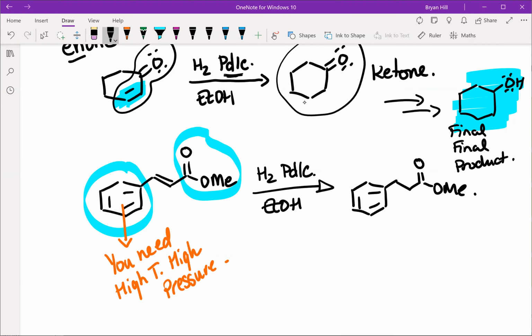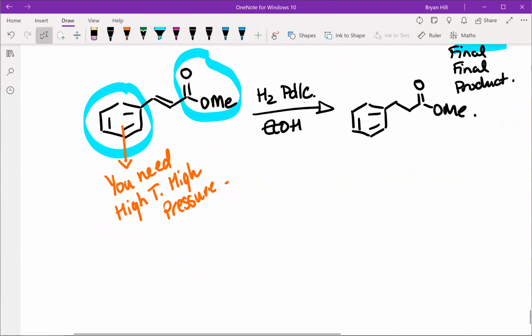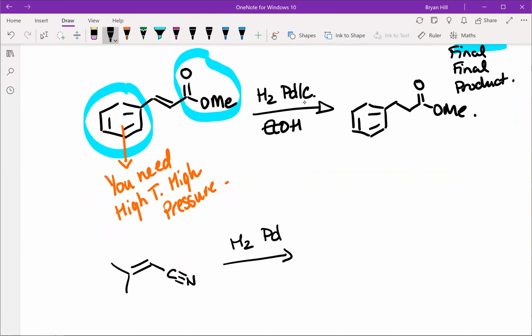So yeah. And I guess the other example, there's another example I have in my notes about a nitrile not being reduced as well. So it is possible to reduce nitriles, but there are more efficient ways to do it than palladium and hydrogen, and you can actually do this without reducing your nitrile.